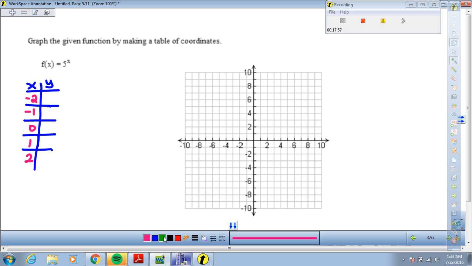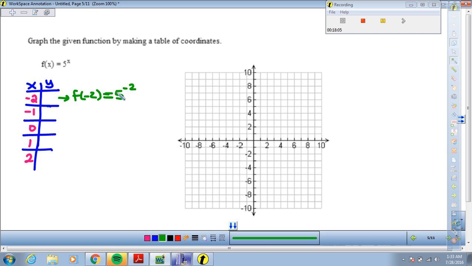So I'm going to do the substitutions. f of -2 means 5 raised to the -2. How do we deal with this by hand? I know you can put this in the calculator and it may give you the answer, but you need to know for other sections how to do this by hand.